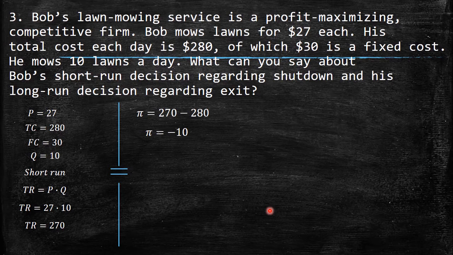It means you still need to pay $30. But at this time, you're not losing these $30, you're losing just $10. So this is not a good idea. In the future, when we don't have fixed costs, this is going to be a smart idea. Leave the market. So that's the point.